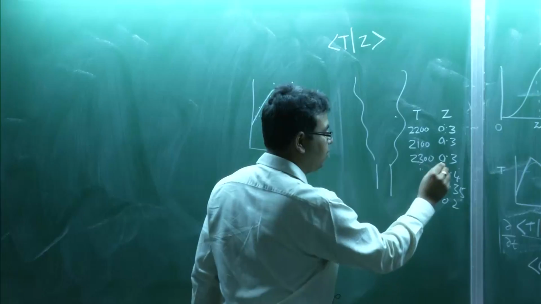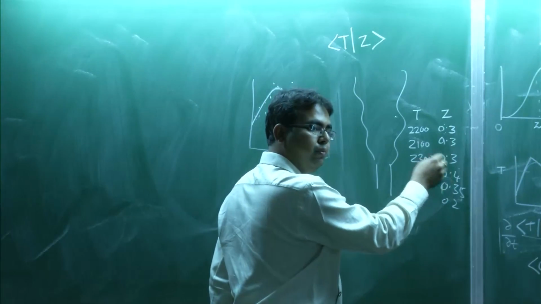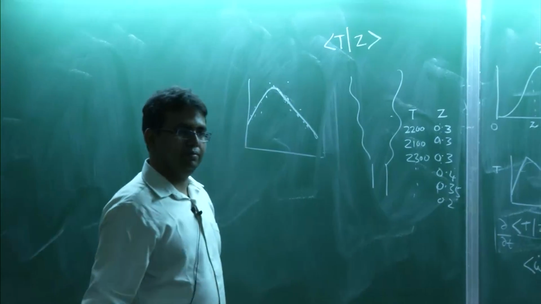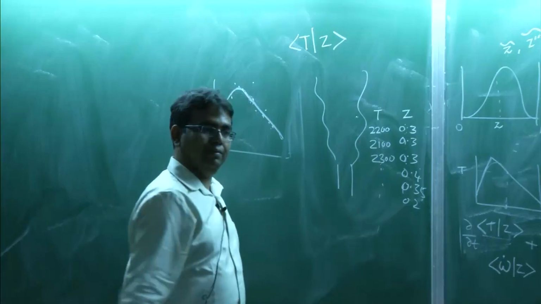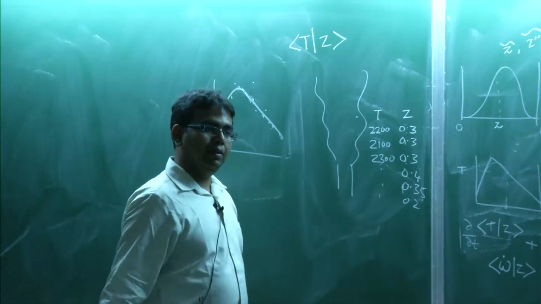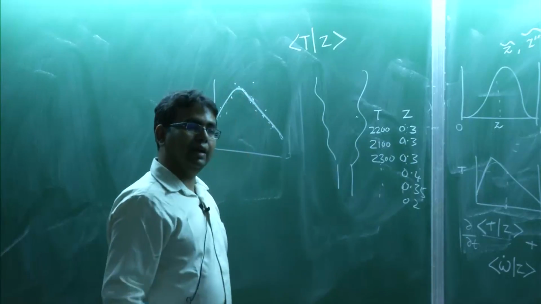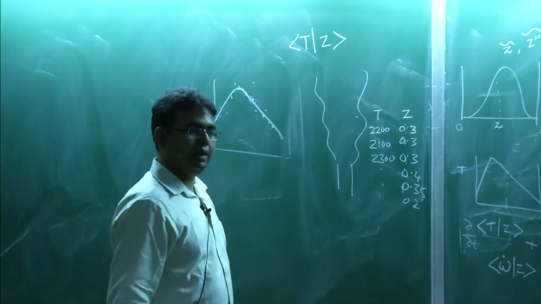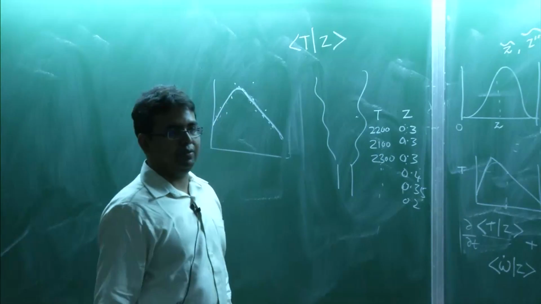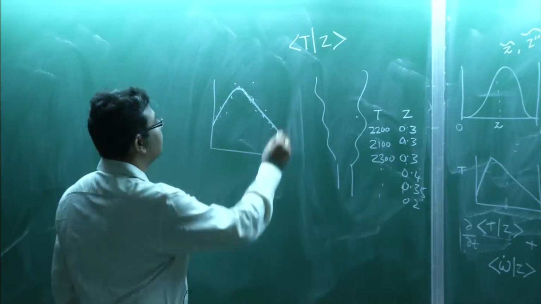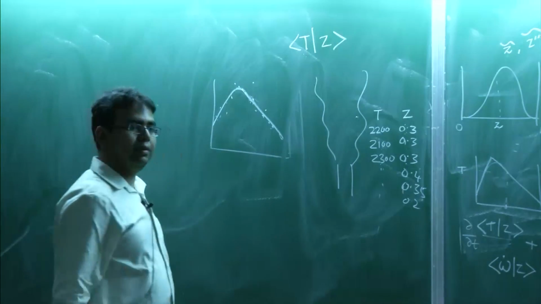Now you average: when you reached Z equal to 0.3, what is your mean temperature? It is 2200 Kelvin, and that is the conditional mean. It is based on the condition that the mixture fraction is 0.3 at that location. It is the average temperature whenever the mixture fraction has reached 0.3, and it is expressed as T of Z, the mean average.